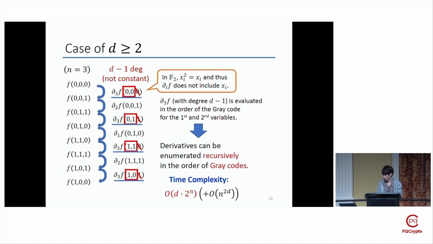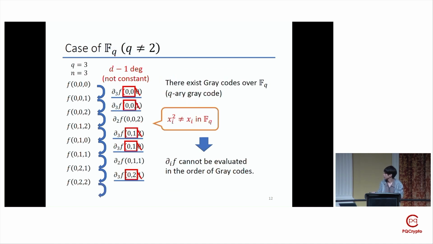And so the time complexity is given as order d times 2 to the n, plus a negligible initial phase complexity of order n to the 2d. Then it's natural to consider the extension of the enumeration algorithm of Bouillaguet et al. to the case of F_q with q not equal to 2. We here consider applying Bouillaguet et al.'s algorithm to the case of q equals 3 and n equals 3.